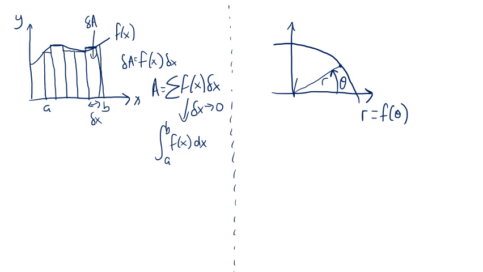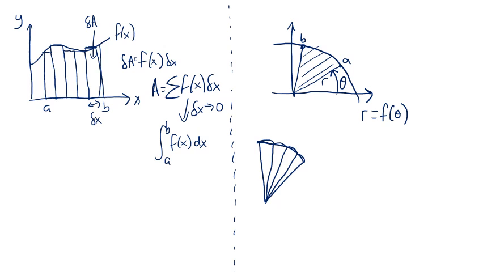And let's say I wanted to find the area between these 2 points, A and B, so these are angles that we're integrating in between. Let's say I wanted to find this area in here. Well, I know that I could split this curve up into lots of sectors that go back to the origin.